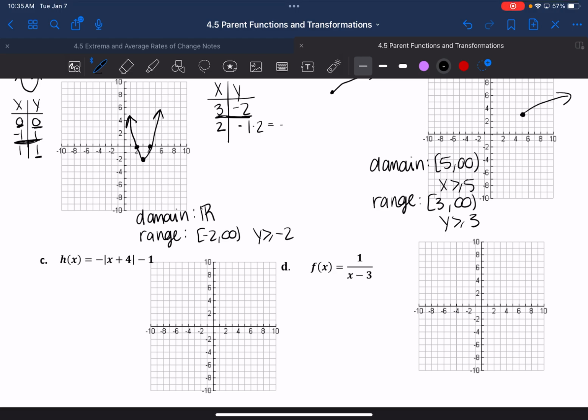For part C, normally our absolute value function looks like this, right? And that point is at 0, 0. But instead of starting at 0, 0, we're told to move to the left or right? Left 4 and down 1, right? This one does say in front we have a negative, right?